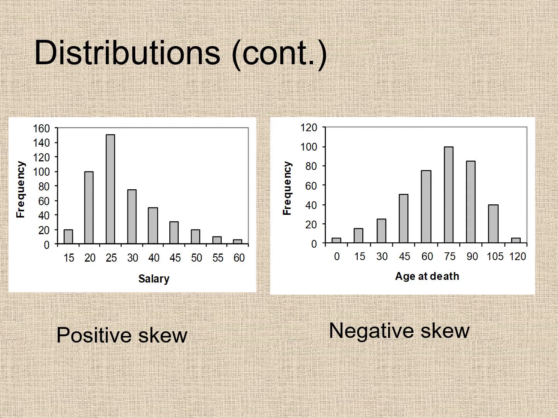Age at death, I think, has a negative skew in many populations. So maybe the oldest people die at age 120, and maybe we have a mean life expectancy of 80, something like that.